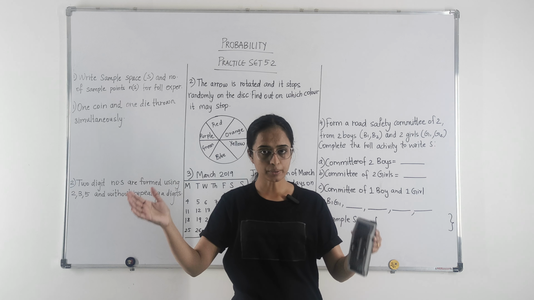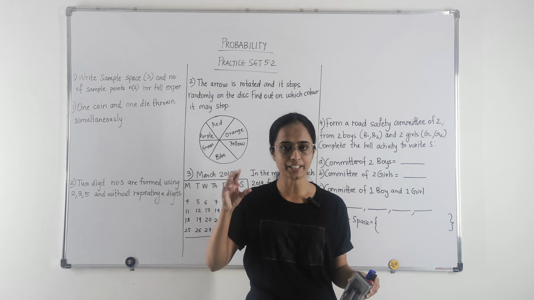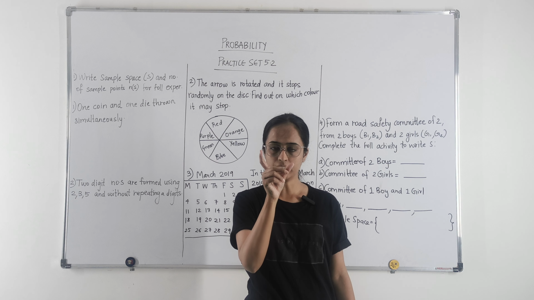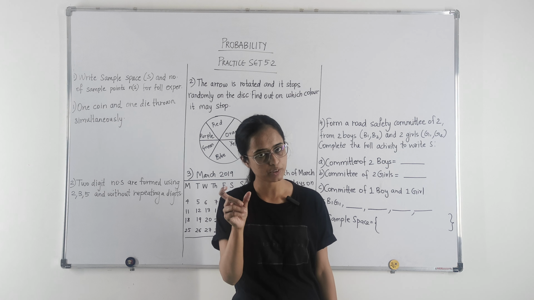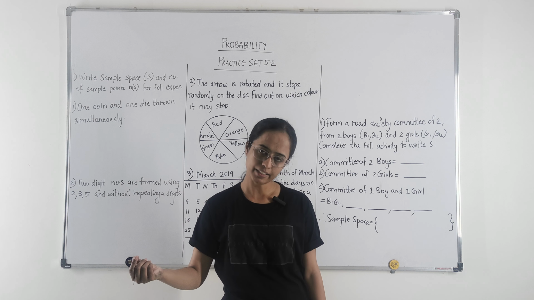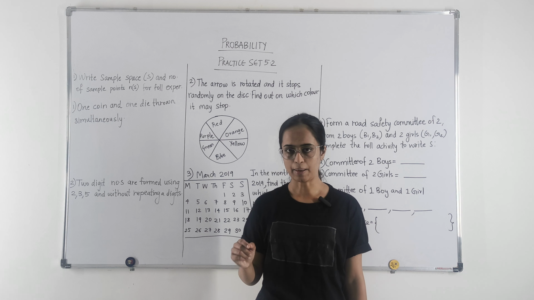So the collection of all the possible outcomes is nothing but the sample space, and each particular element that is there in the sample space is called the sample point, and depending upon how many elements are there in the sample space, that is nothing but the number of sample points of the given sample space.